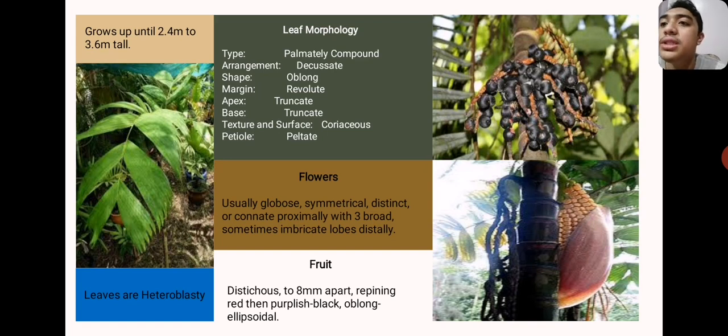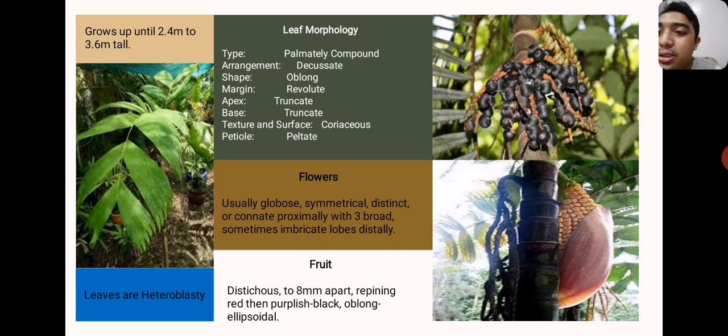Leaf morphology: type palmate, compound arrangement decussate, shape oblong, margin revolute, apex truncate, base truncate, texture and surface coriaceous, and the petiole is peltate. The flowers usually globose, symmetrical, distinct, or connate proximally with three broad, sometimes imbricate lobes distally.